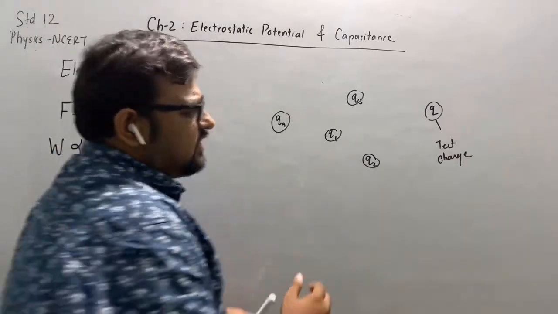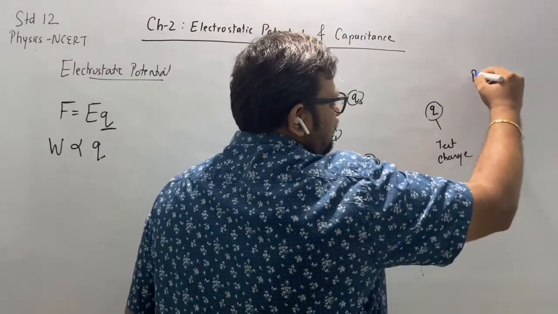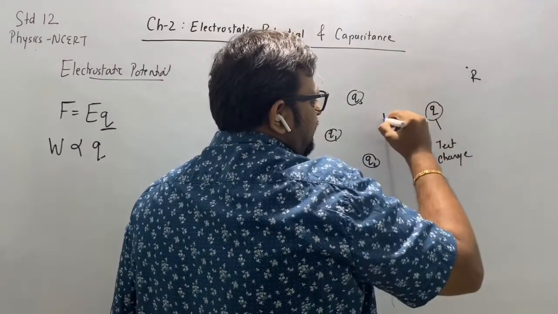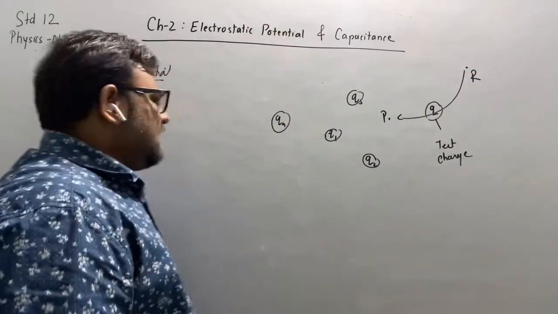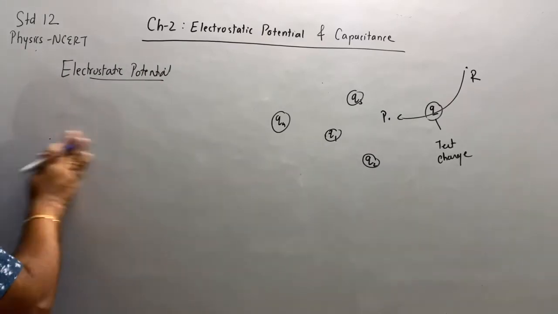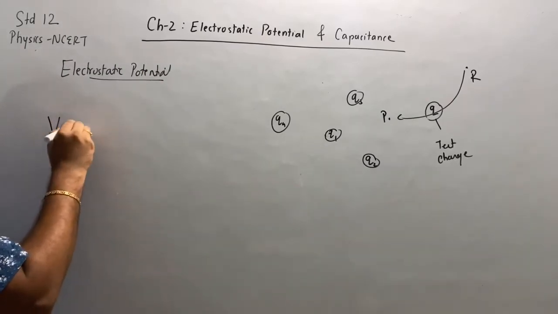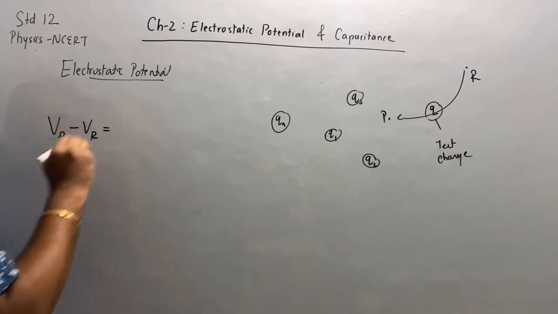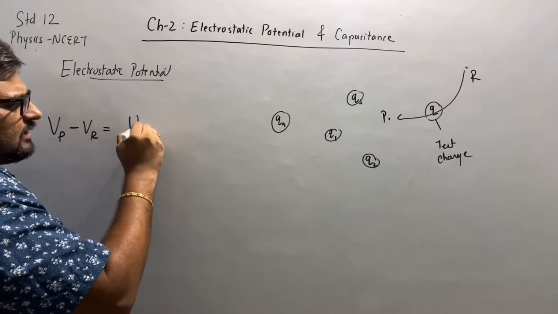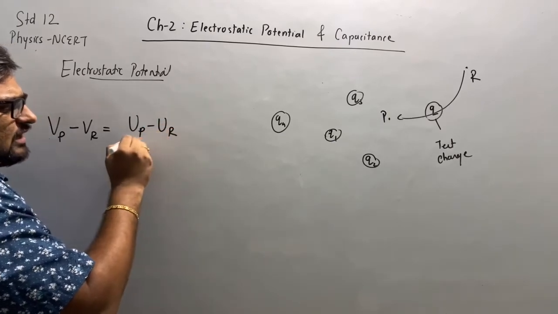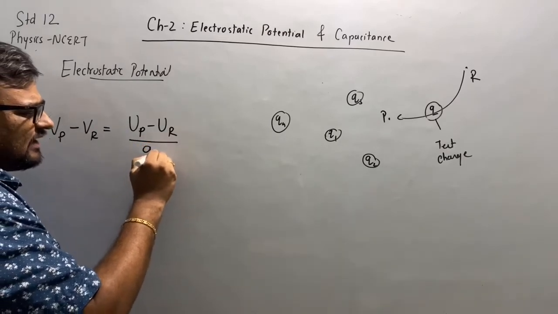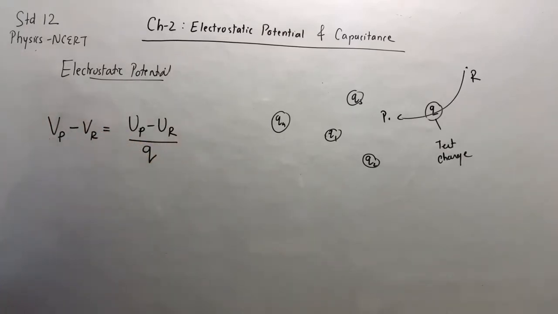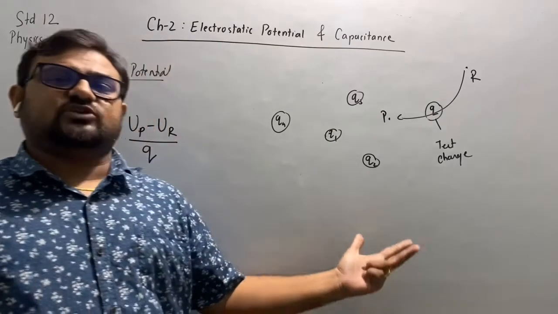See here, if I want to bring this charge from a point R to a point P by this way or any other way, then the potential difference will be equal to UP minus UR, the difference of potential energy, divided by Q. So in short, it is the work done in bringing a unit positive charge.